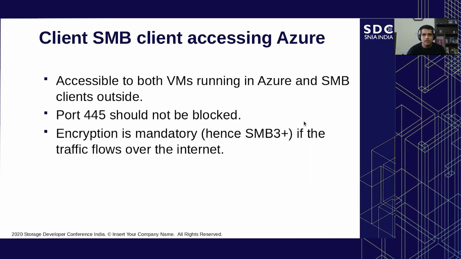So this can be a hindrance sometimes, since some of the internet service providers tend to block this port. Another requirement is that if the traffic flows over the internet, Azure makes encryption mandatory. And so you'll need SMB version 3 or above which support encryption in order to do the file access.